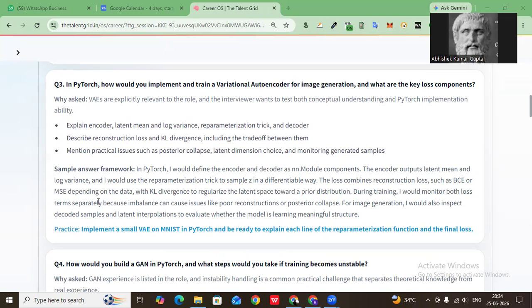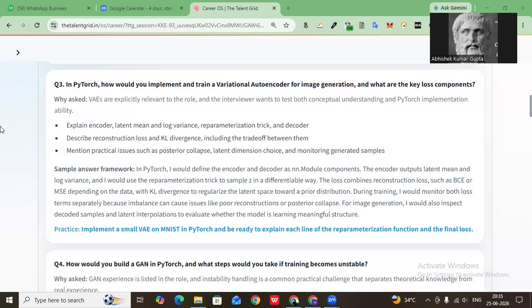So the encoder compresses the input into a continuous latent space. Instead of mapping directly to a fixed latent vector, it outputs two distinct vectors, the mean and the log variance.